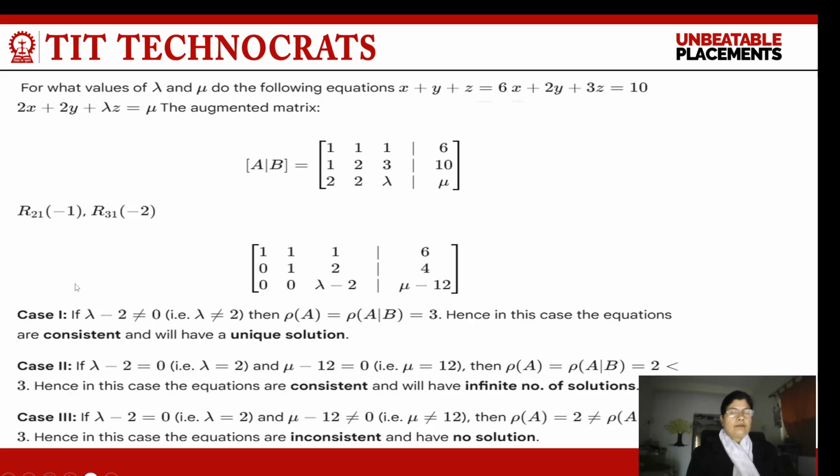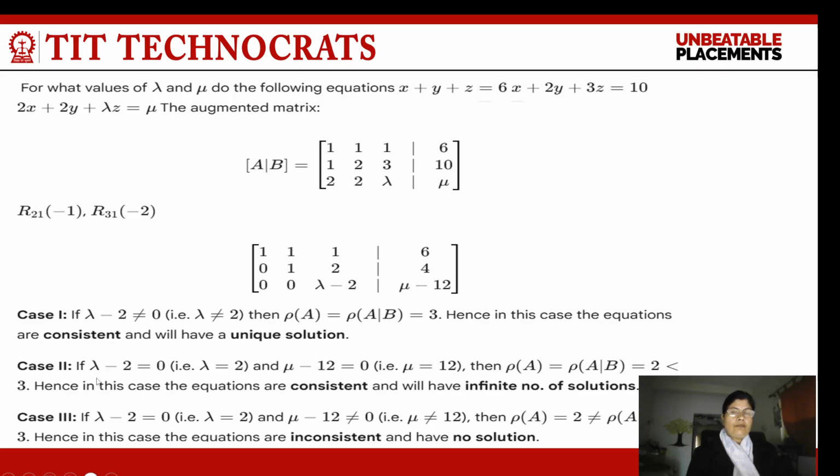Here three cases arise. First case: if lambda minus 2 does not equal 0, that is lambda does not equal 2, then rank of A is equal to rank of AB is equal to 3. Hence in this case the equations are consistent and will have a unique solution.